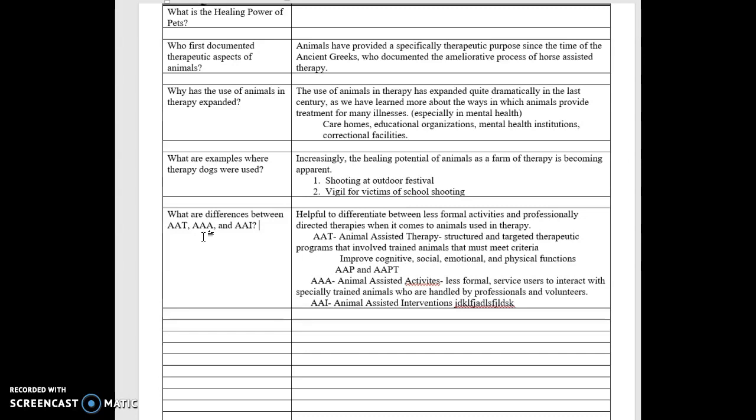And then I would skip a space, and then I come to a question. Which animals? But that doesn't say much, right? Which animals are helpful? And I would take my notes then, doing the same thing.